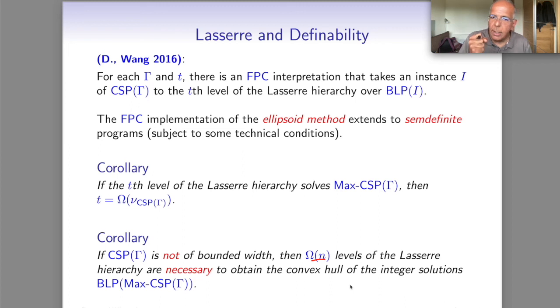And we get solid, concrete lower bounds on the number of levels you need based purely on this notion of counting width. What we're really saying here is that these semi-definite programming methods inherently are symmetric algorithms. That's what this part is saying. They are symmetric algorithms, and therefore our lower bounds for symmetric algorithms apply to them.